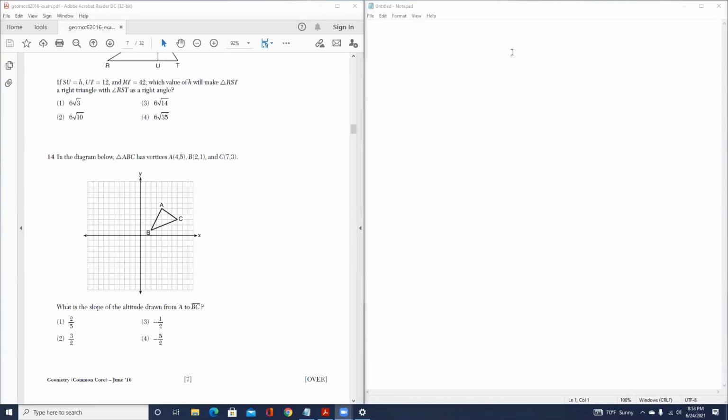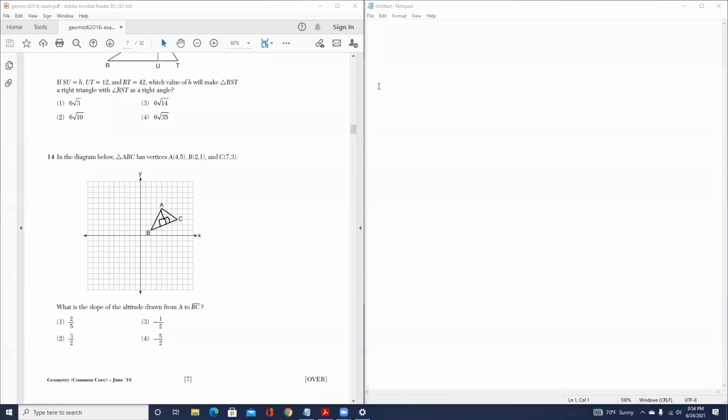Now you know that the definition of an altitude is that it is perpendicular to the side opposite to which it is drawn. And because of that, like in the previous example with question 12, we know that the slope of the altitude has to be perpendicular to the slope of the original line segment, in this case segment BC.